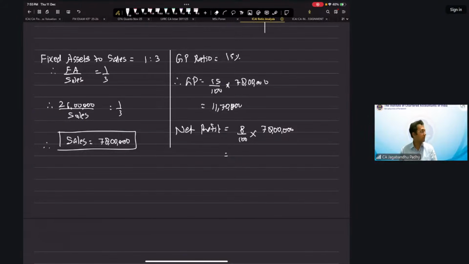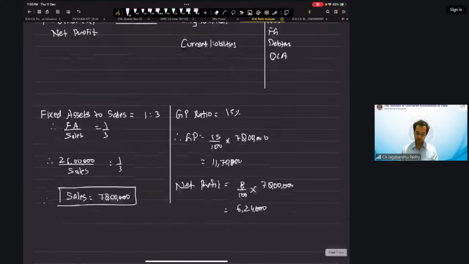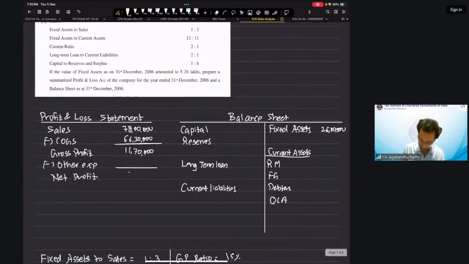What will be the net profit figure? 6 lakh 24,000. So net profit is 6 lakh 24,000.